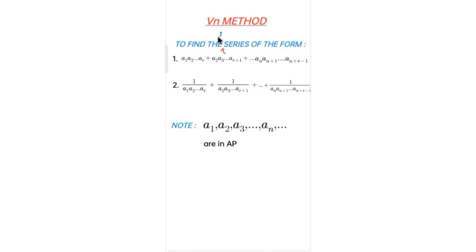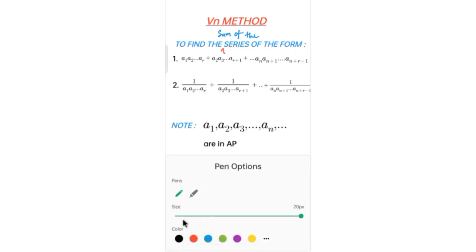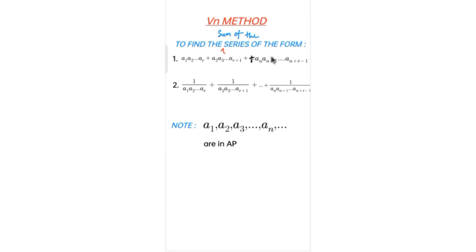To find the sum of a series of the form a1 a2 so on ar, plus a2 a3 so on ar plus 1, plus so on, plus an an plus 1 so on an plus r minus 1. What are a1, a2, a3 and so on an? They are in AP actually. So they must be in AP, and only then can we use the VN method.